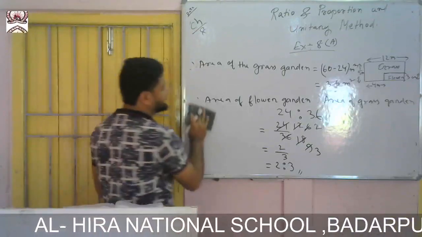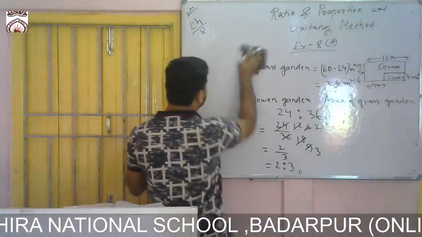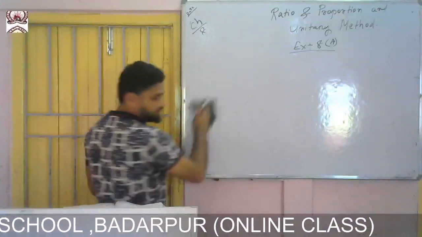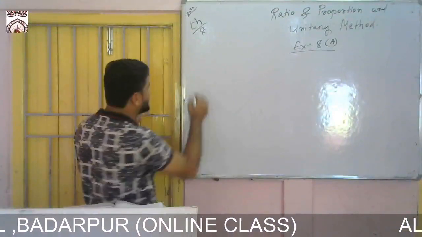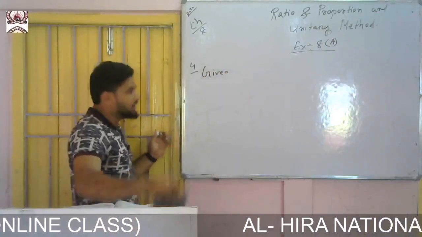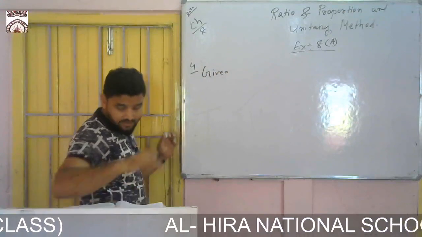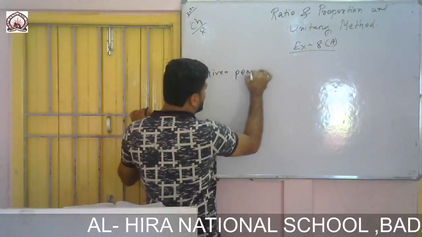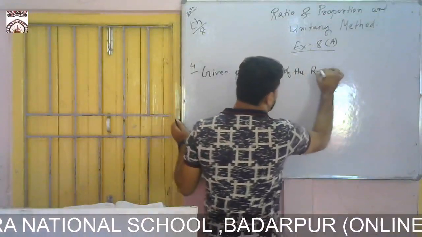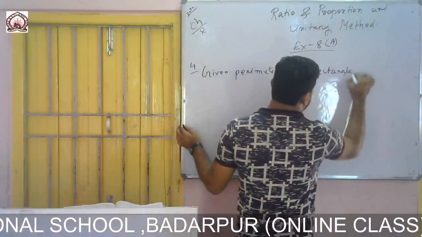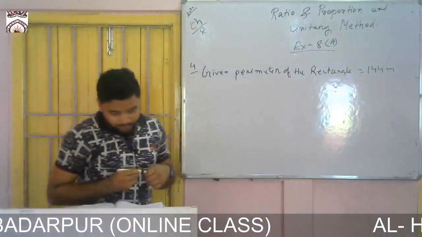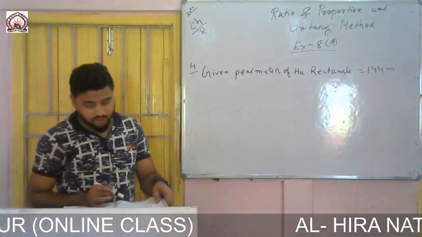So write question number 4. Given perimeter of the rectangle equals 144 meter.